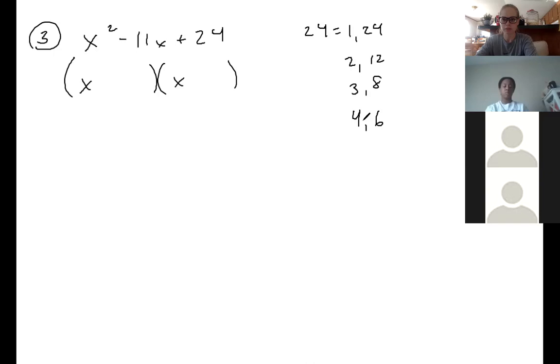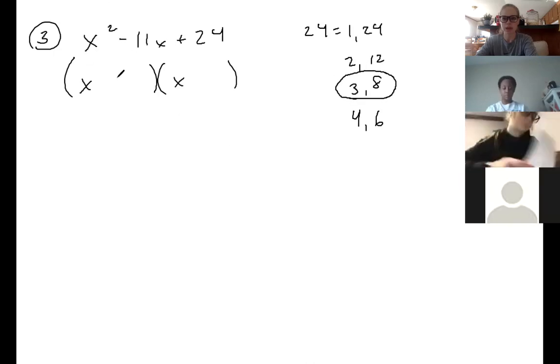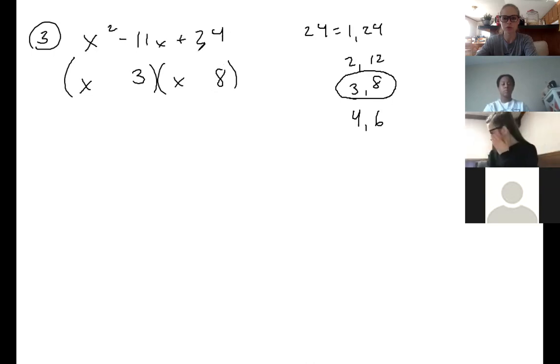The only ones that I can combine together to get me that 11 would be 3 and 8. Now I got to figure out my signs. When I'm multiplying, they have to be positive 24. When I subtract them, they have to be negative 11x. So they both have to be negative. Negative 3 minus 8 is negative 11. Negative 3 times negative 8 is positive 24.